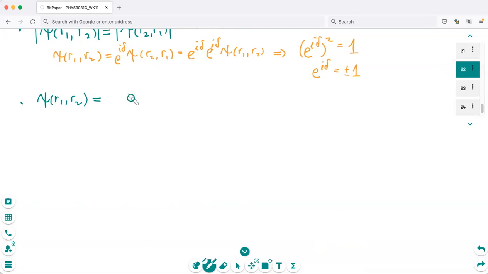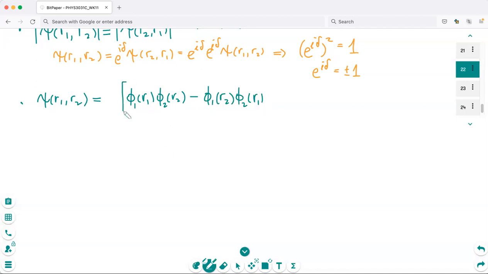So I can take the wave function. If I just do it like this, I don't get anything. And I know there will be other solutions. And this is my claim. This is a solution that works.